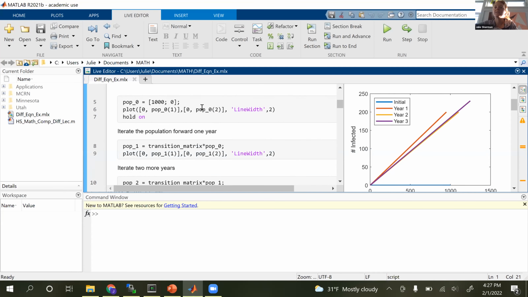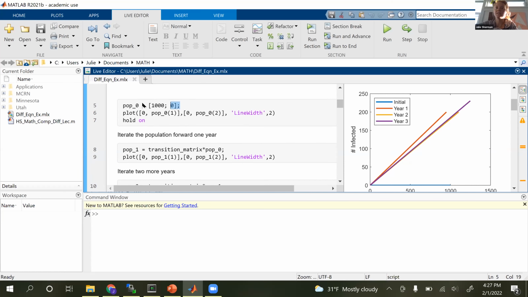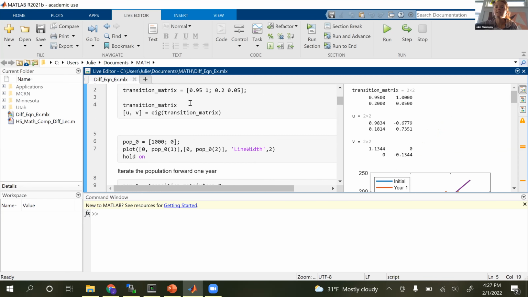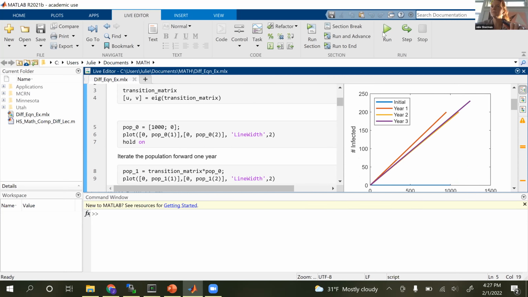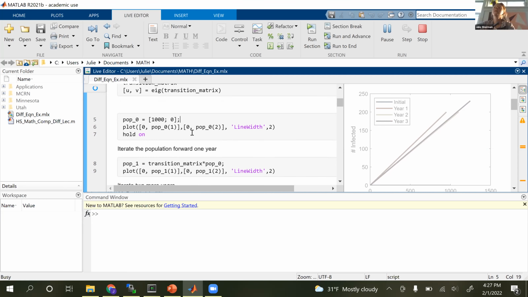Now what we're going to do is we're going to start with an initial population of 1,000 healthy animals, and none of them are infected. Then we're going to plot this generation after generation, or year after year, I should say.